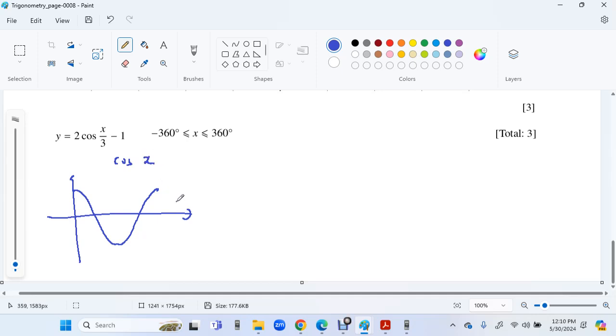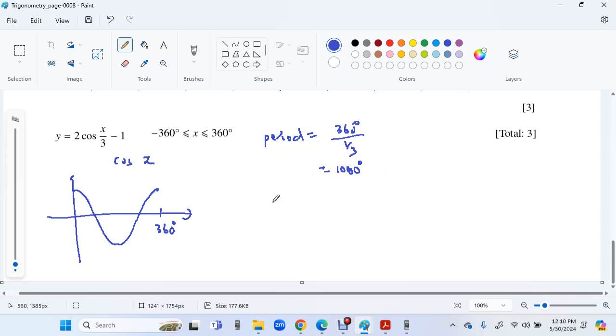So we have the cos over 3, so this one is 360. The period will be 360 over 1 over 3, then this one will be the 1080 degree.